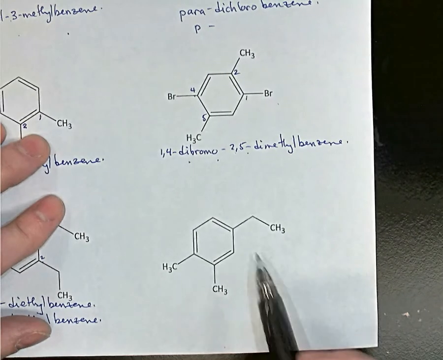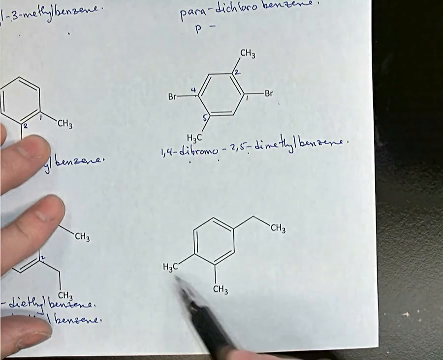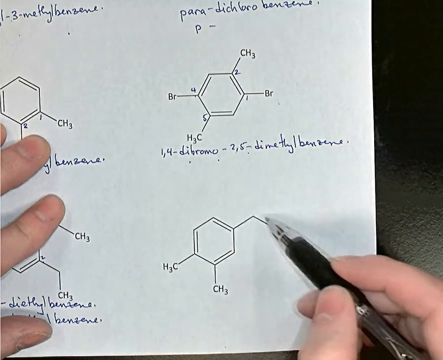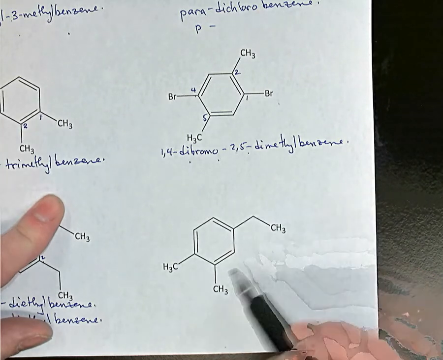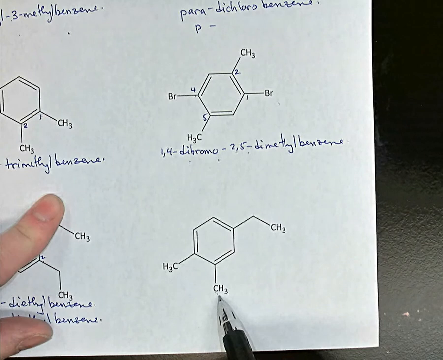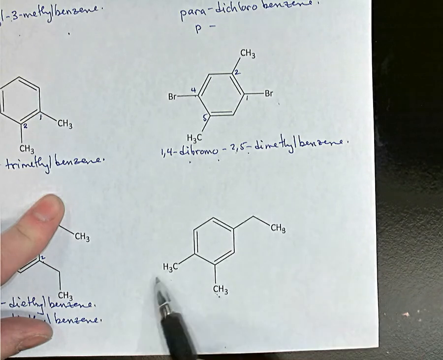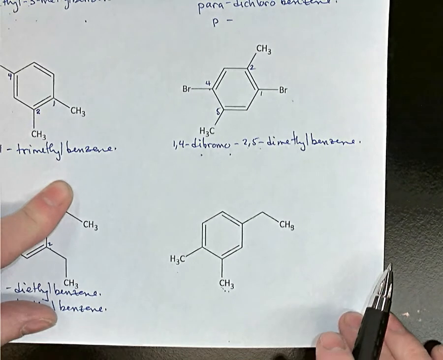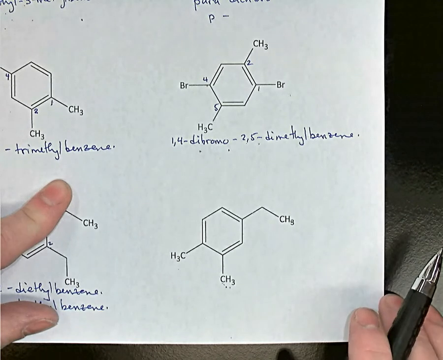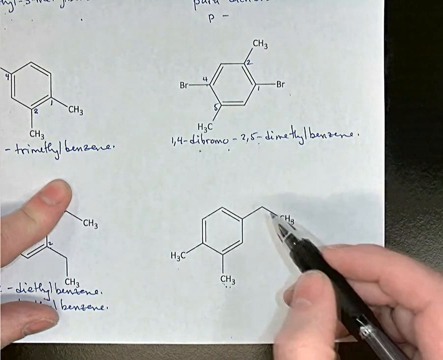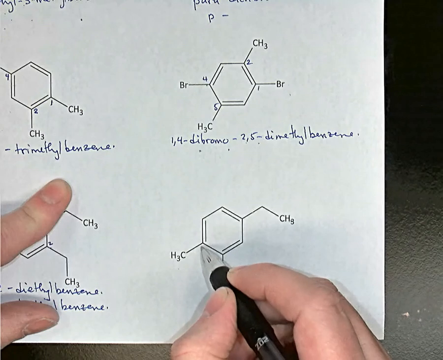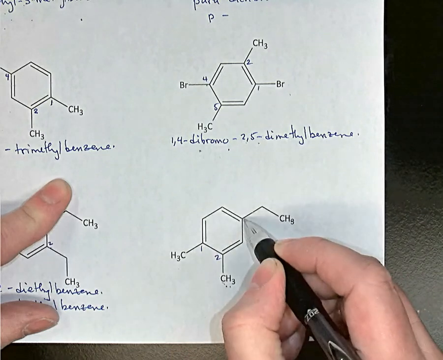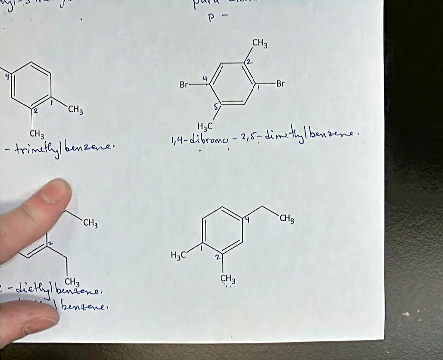And finally, the last example in this hour-long video. This one has a benzene ring with 3 branches on it, and there's an ethyl branch over here, and there's 2 methyl branches over here. We're going to name ethyl before the methyls, and we want to keep the numbering as low as possible. So how can we do that? Well, we've seen this earlier. If we call this carbon 1, carbon 2, carbon 4, that's the way to keep the numbering as low as possible.